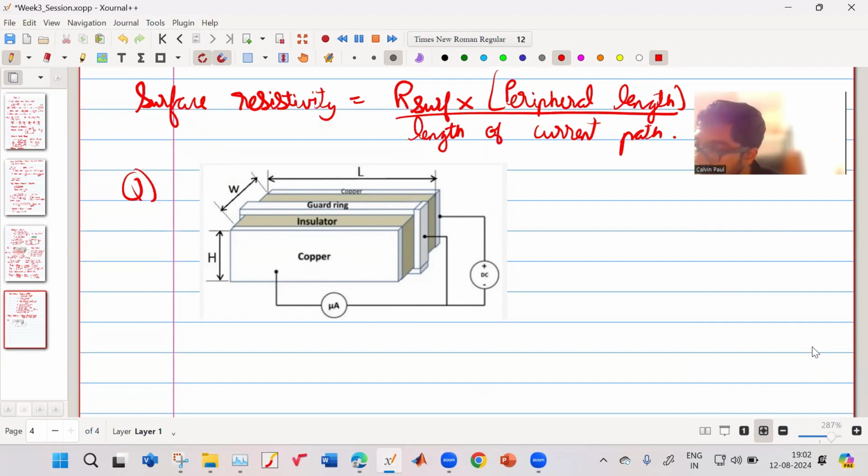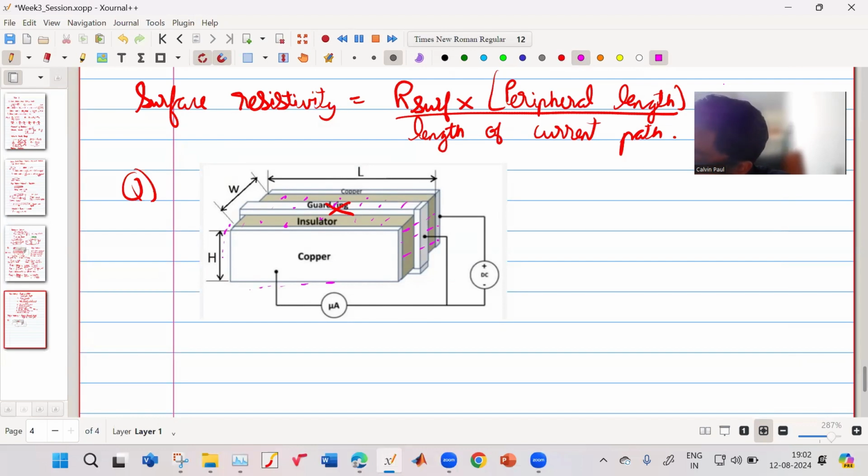So now, when we are considering the surface current, that time the guard ring will not be there. So your surface current will be the current which will flow on this surface, on the top. It will flow on this side also, and from the bottom also it will flow.